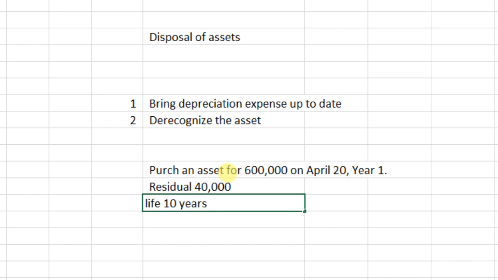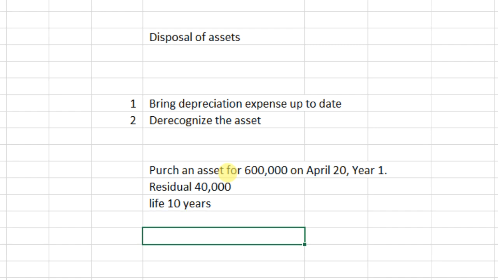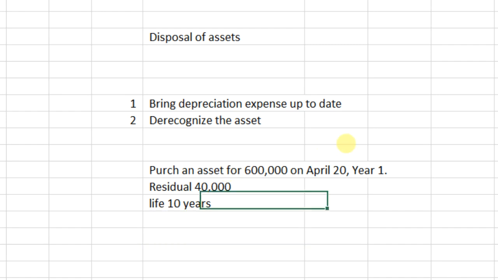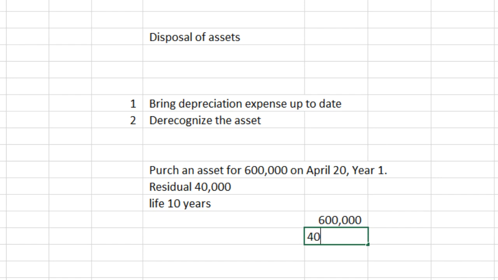Okay, so let's figure out our yearly depreciation using straight line depreciation. And most of these questions could be based on straight line, which everybody likes, right? So here's our $600,000 purchase price. Here's our $40,000 residual.